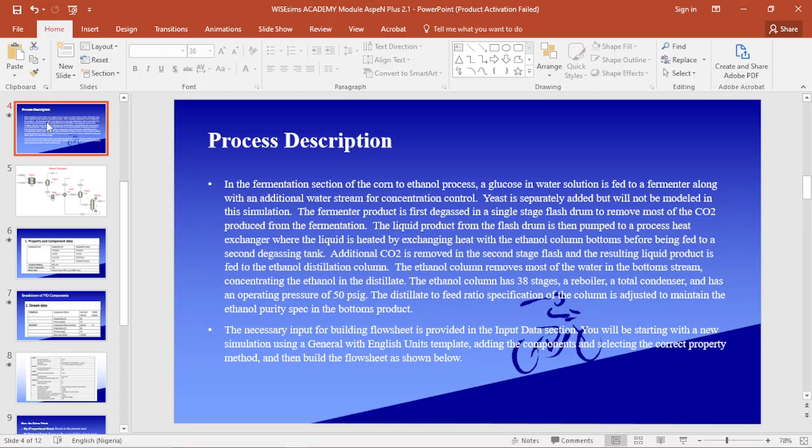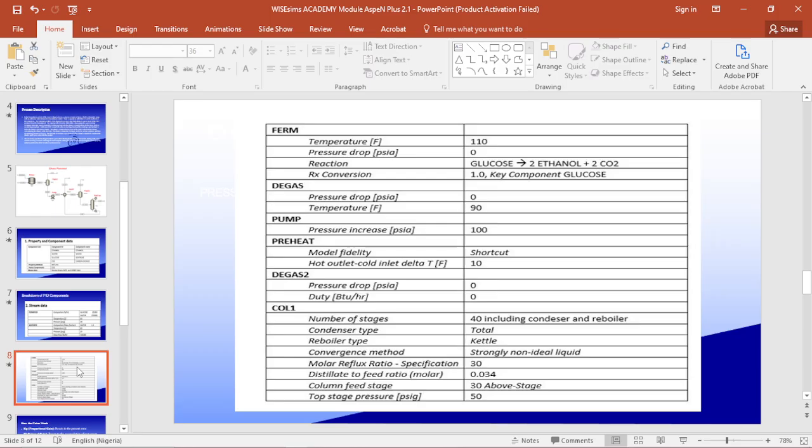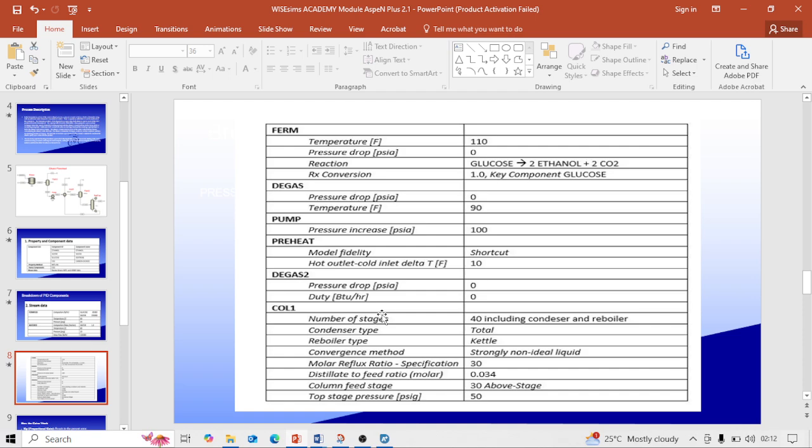That's the first degas. From the description, it said that the fermented product is first degassed in a single stage flash drum to remove most of the CO2 produced from the fermentation. So what we just need is to get our specifications for the degas. That's 0 pressure drop and 90 Fahrenheit.